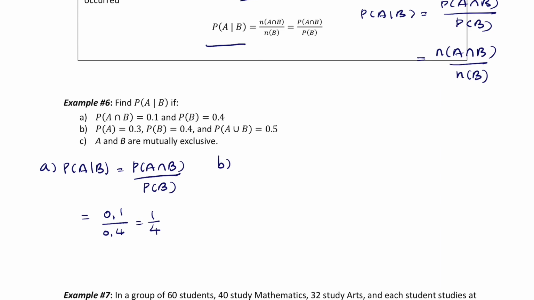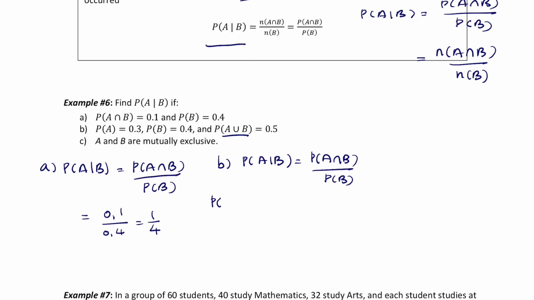Question B, we know that PA value is equal to 0.3, P of B value is equal to 0.4, and also we know that P of A union B is 0.5, right? And now we need to find the probability of A given that B has occurred already. In order to do this, we still have to use the same formula, PA intersect B over PB, but we first have to identify the P A intersect B, right? And we know the P of A union B value already.